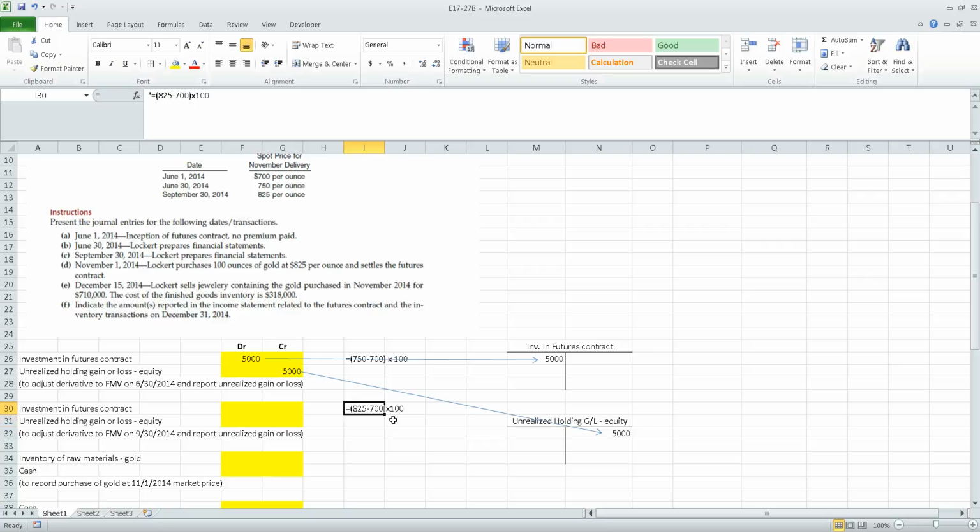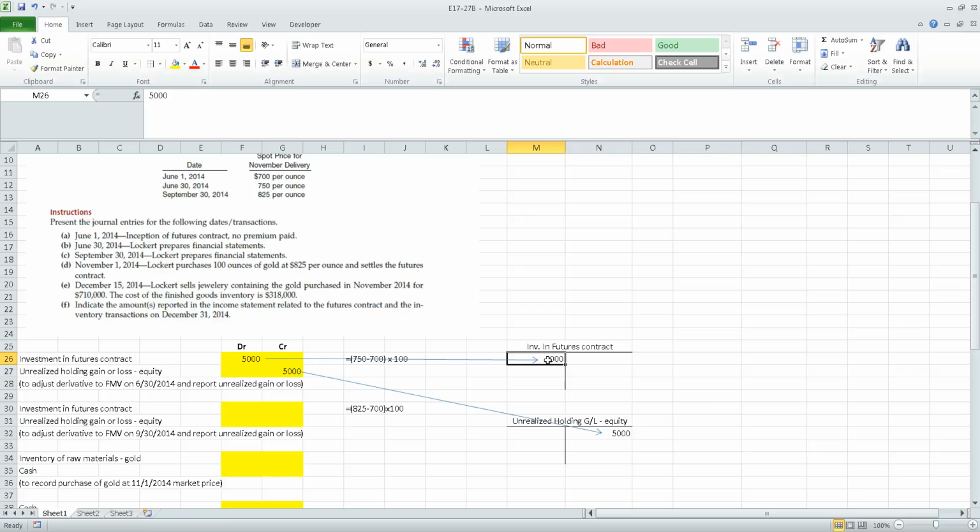So the value is now what? 125 times 100, 12,500. 12,500 is the desired balance in the investment and security in futures contract account. Right now the account has a balance of $5,000.